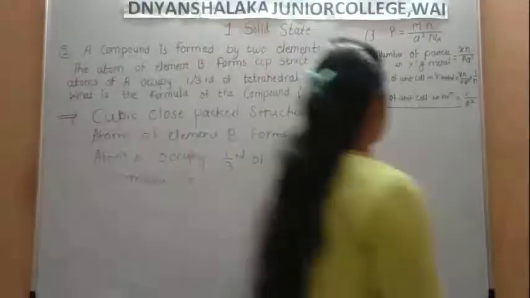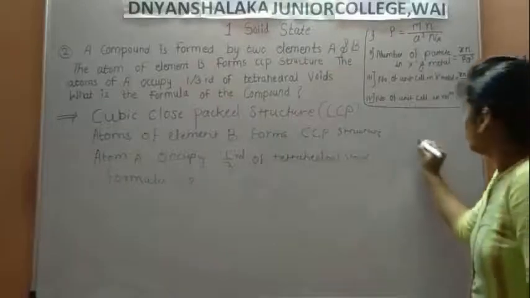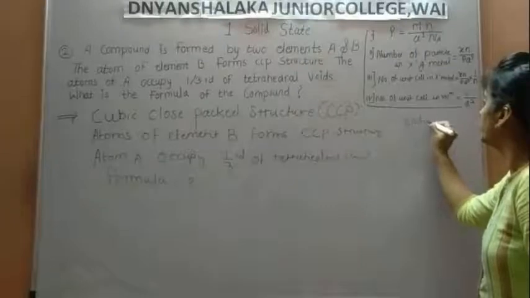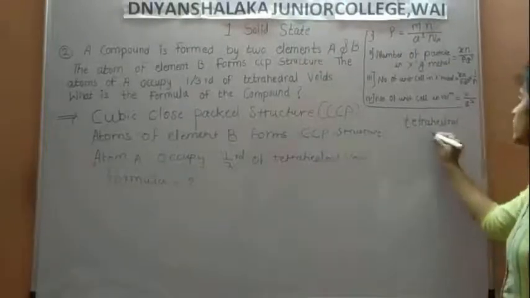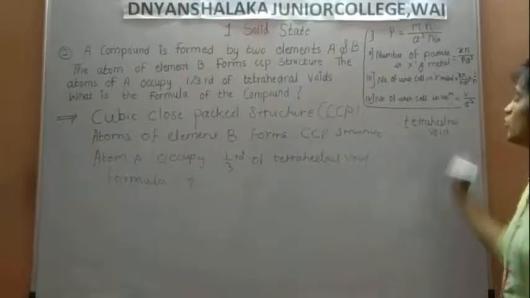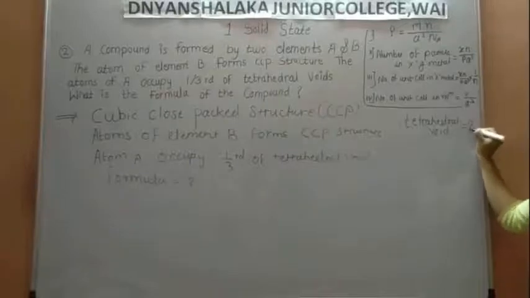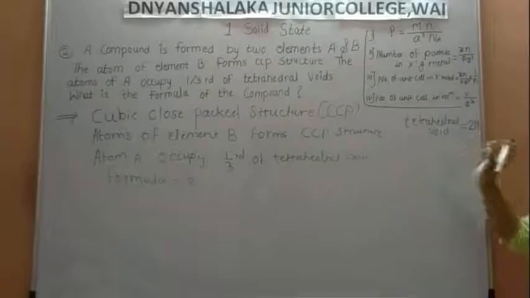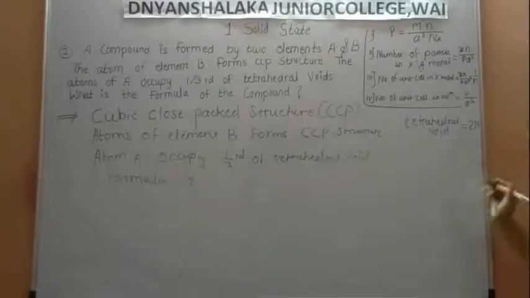In the last lecture we studied tetrahedral voids and octahedral voids. First, tetrahedral void: in any unit cell, the number of tetrahedral voids is 2n, where n is the number of particles.